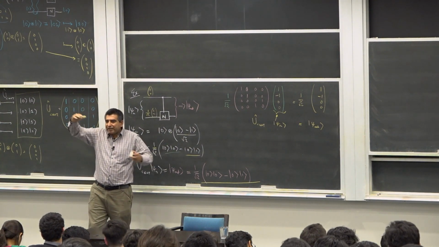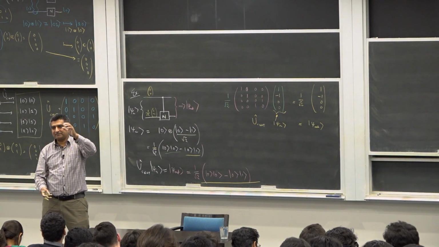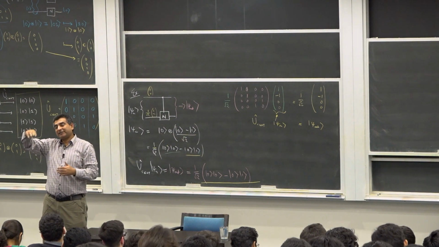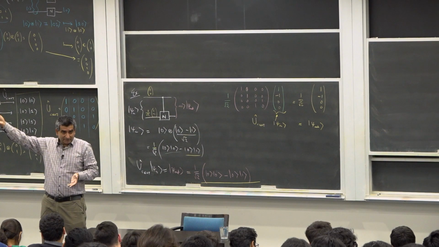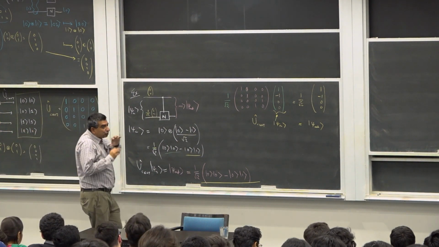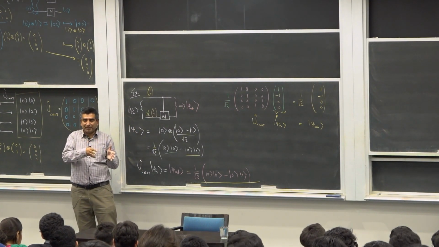So in a genuine 2 qubit gate, there is some correlation between the 2 qubits. The state of one qubit changes dependent on the state of the other qubit. So both of the qubits play a role in what happens to a qubit.